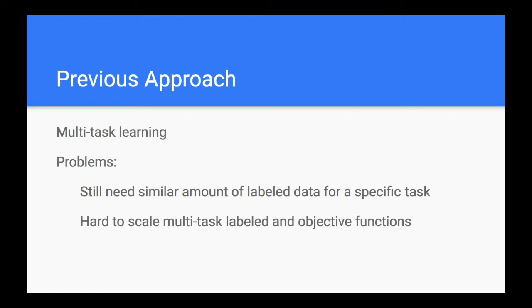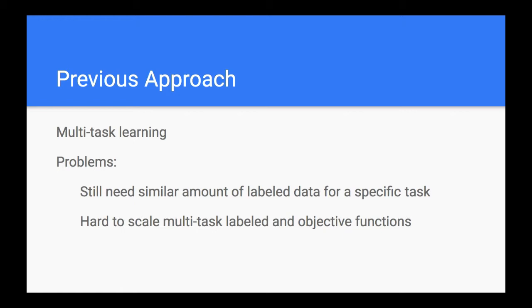But the problem is you need a lot of labeled data for many different tasks, and you need to combine them. Combining them is trouble, and writing a loss function that can handle that many tasks is also very tedious, and it's not really scalable.